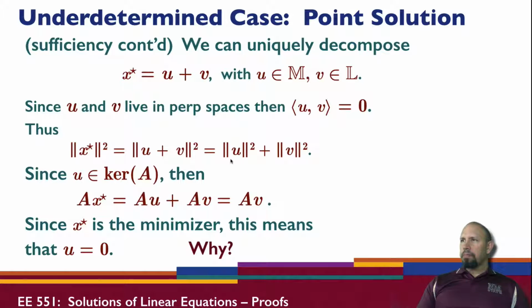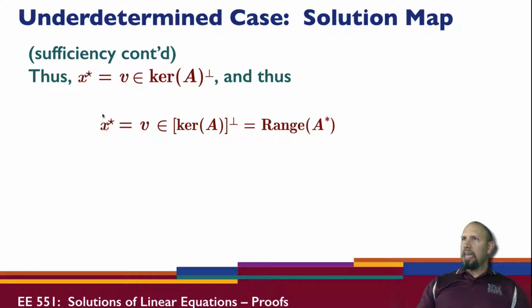Well, since the norm of x star is 0, and since U does not contribute when I multiply by A, then I can reduce the size of this by making this 0. So U must be 0. So what does that mean?